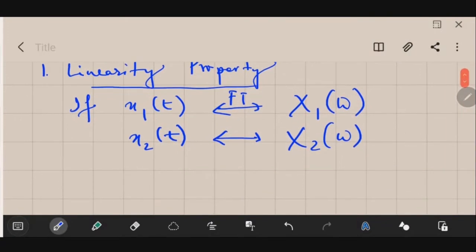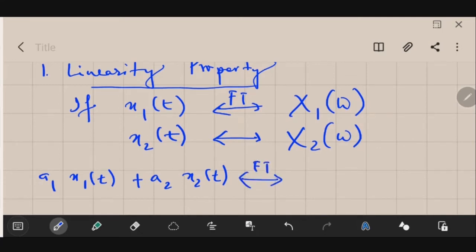Then by virtue of this linearity property we can say that a1 x1 of t plus a2 x2 of t, you could see that I have multiplied scalars and then added the two signals, and then I am trying to find the Fourier transform. Then it will be equivalent to a1 capital X1 of omega plus a2 capital X2 of omega.